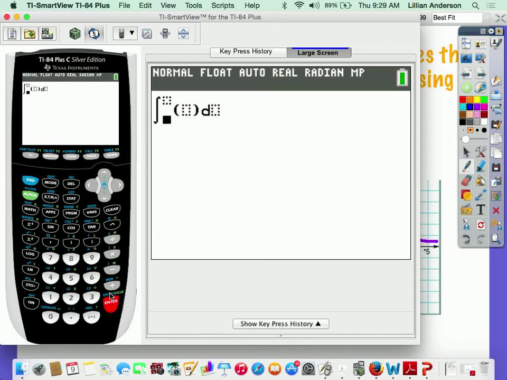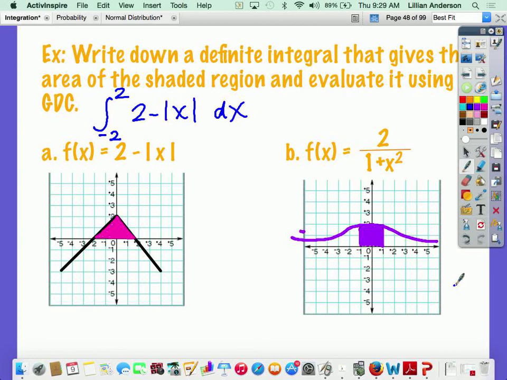For that group, if yours does not show up like this, this is what you're going to have to do. It popped up FNINT with the parentheses, right? You actually have to type in your function, whatever it is, and then put in a comma. The comma is located right above the 7 button.